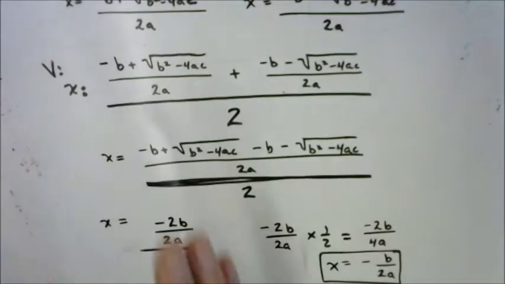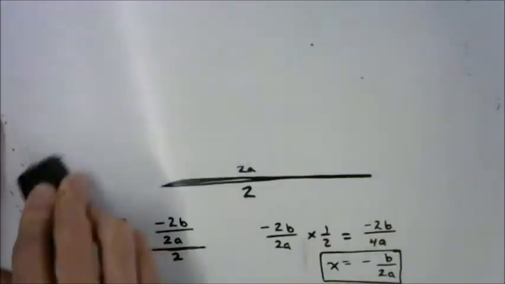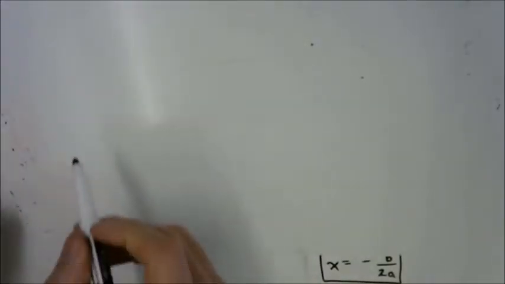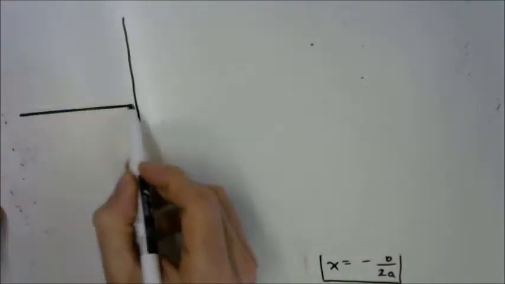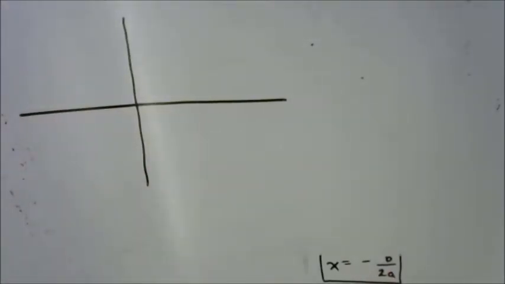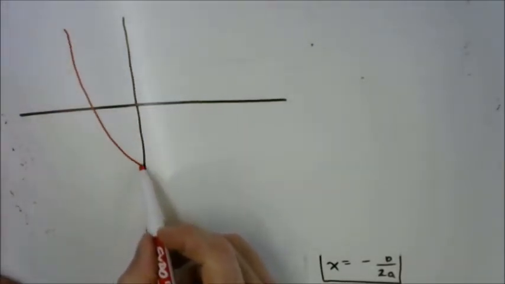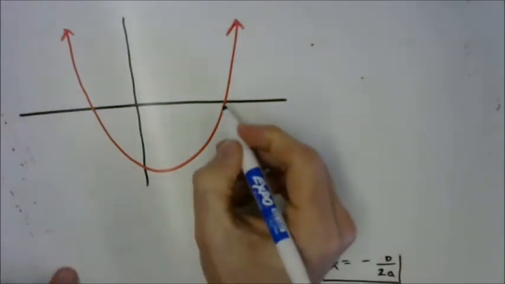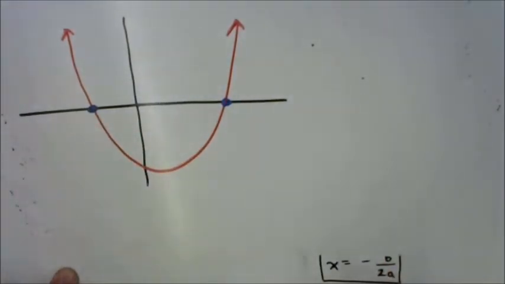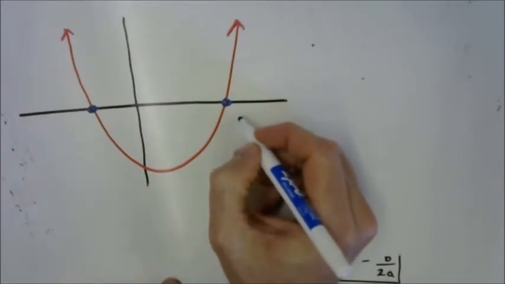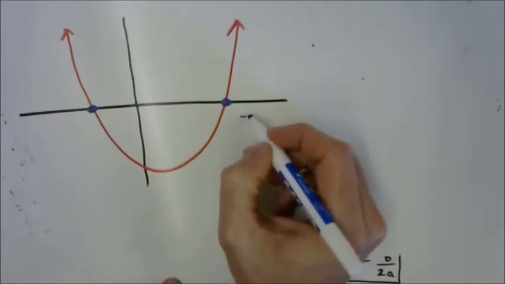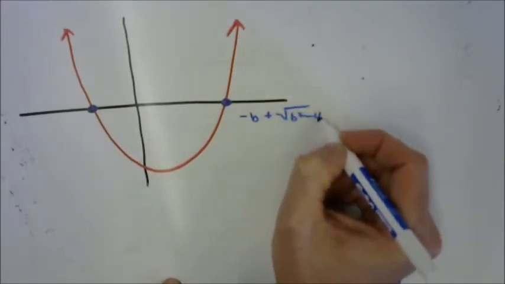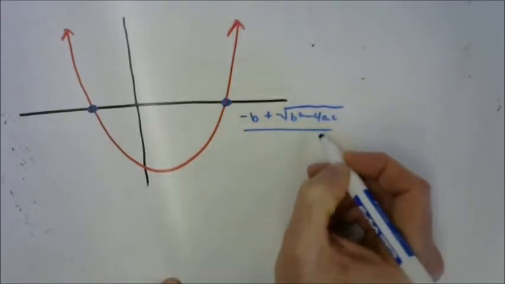I'm going to erase this work and just draw a quick sketch to help you understand what just happened. So, basically what we've said is that we can have any parabola in the whole world. Let's say it looks like that. And we will know its x-intercepts by using the quadratic formula. One of the x-intercepts is negative b plus the square root of b squared minus 4ac over 2a.